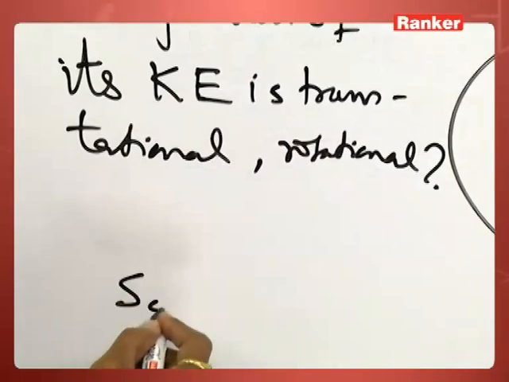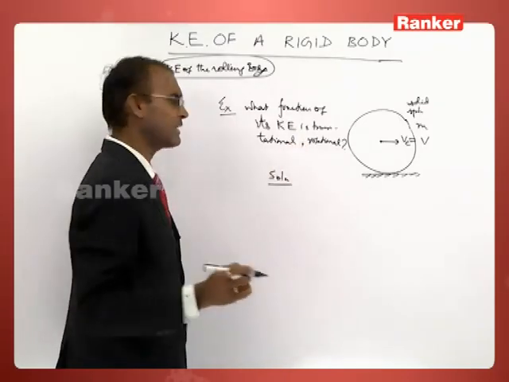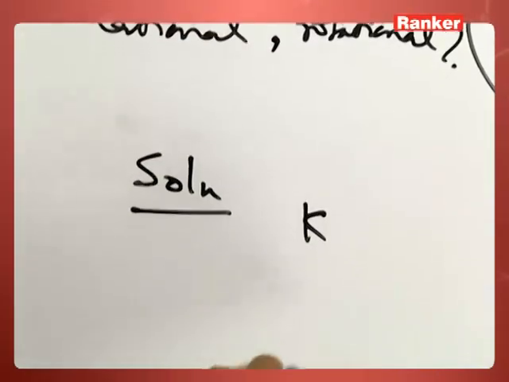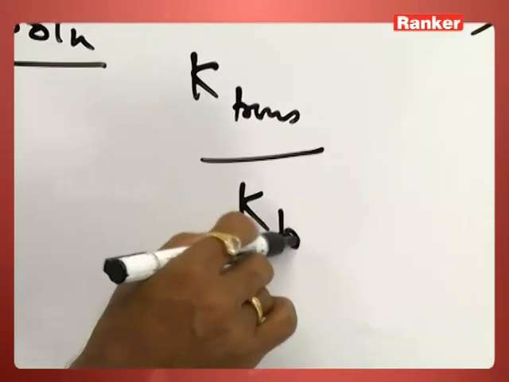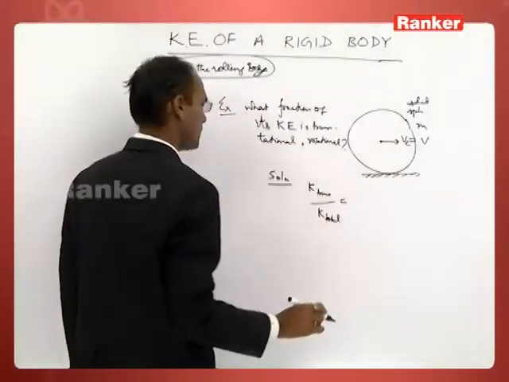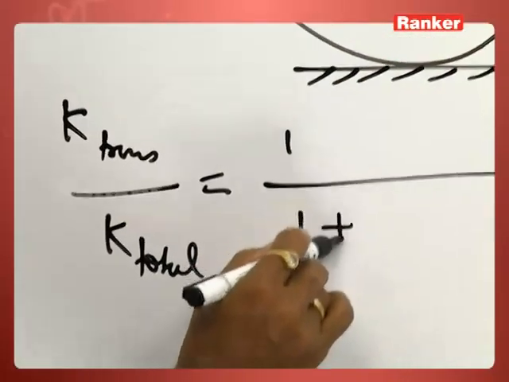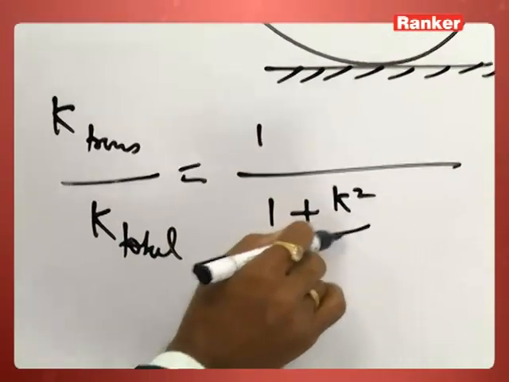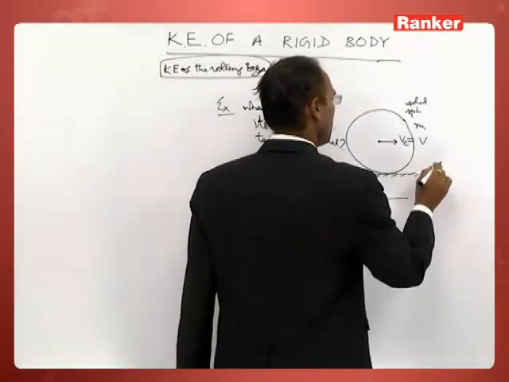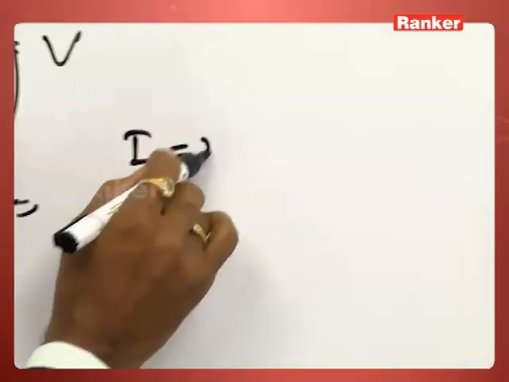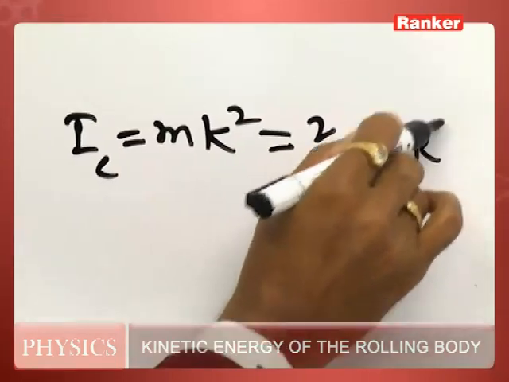So you can use the derived formula directly. Kinetic energy of translation by kinetic energy total is equal to 1 upon 1 plus k square by r square. Ic is equal to mk square, for the solid sphere is equal to 2 by 5 mr square.